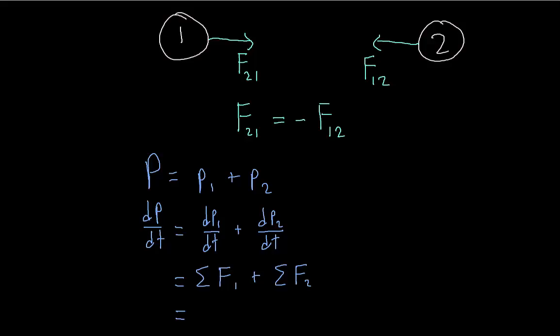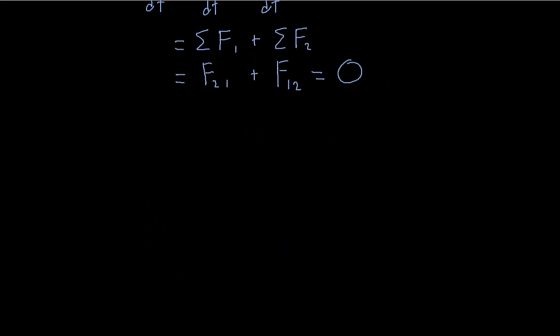So what's the net force on object 1? Well, the only force acting on object 1 is the force that is being exerted by object 2, which I denoted by F21. And then on object 2, the only force is the force from object 1, which is F12. But we just found that they are equal and opposite, so they add up to 0.